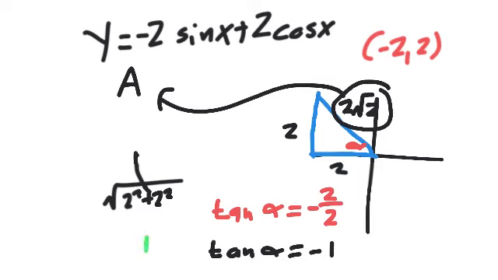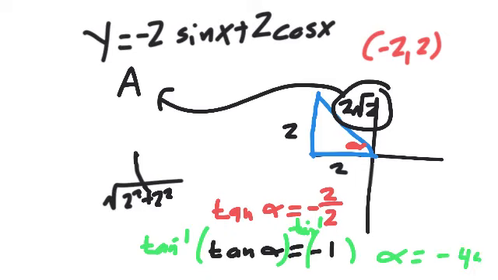Then I have to take an inverse tangent of both sides. When you do all that, you probably get negative 45 degrees, right? Because it's identified for the first and the fourth quadrants. Okay, but that just really tells you how much you would rotate there.